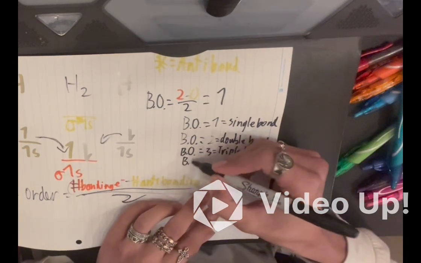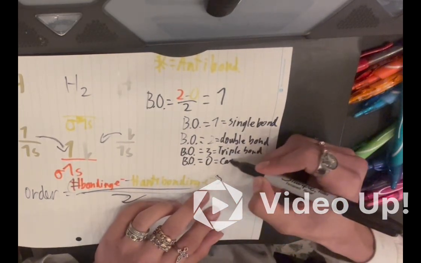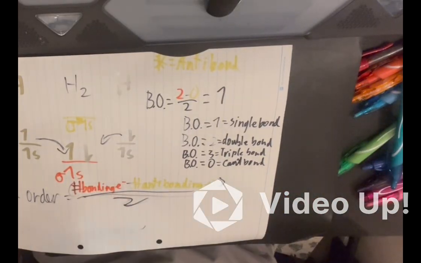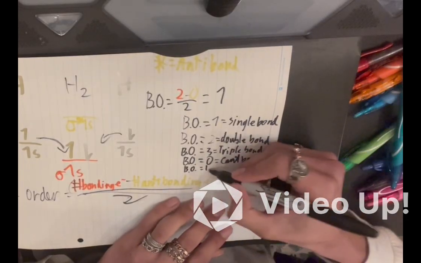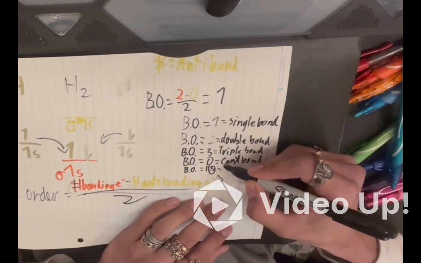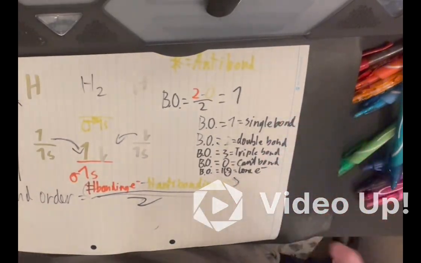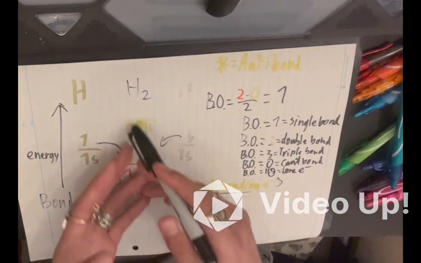If it equals 0, then it means it can't bond, or it's unstable. And anything with a decimal means a lone electron. So that's what these all mean. Hopefully this clears it up a little bit. That's how you calculate your bond order, and that's how this diagram is going to work.